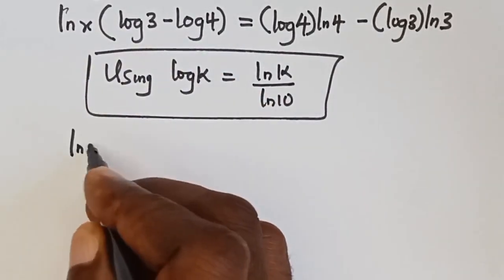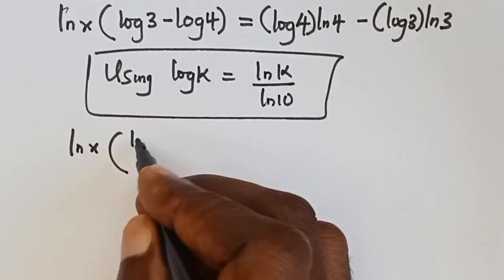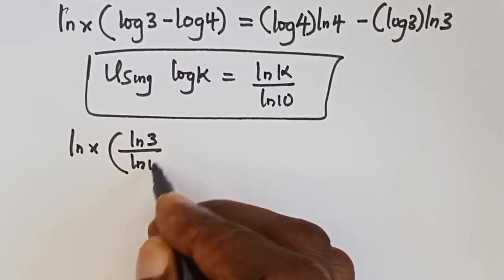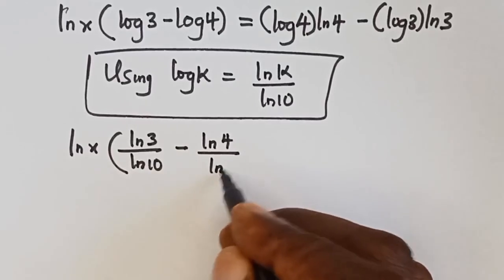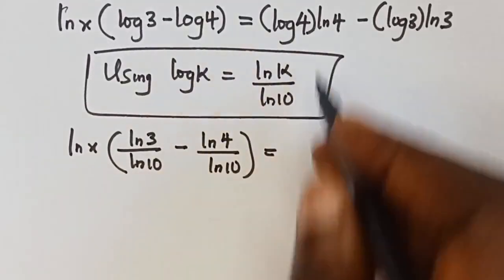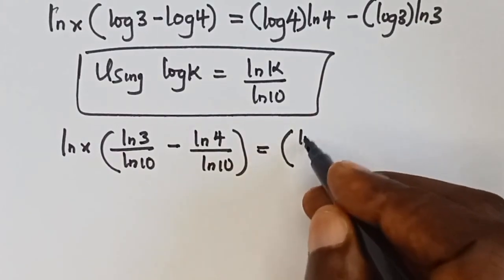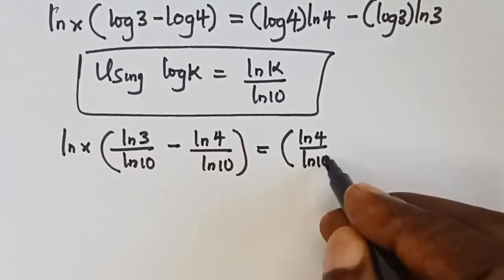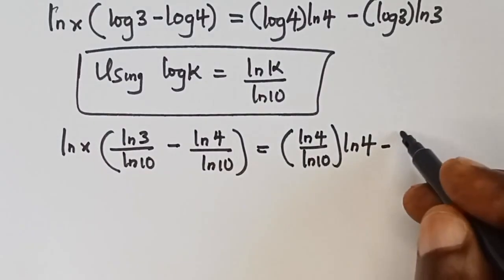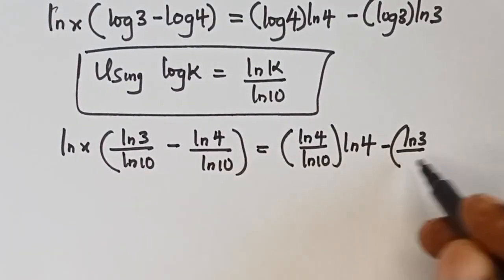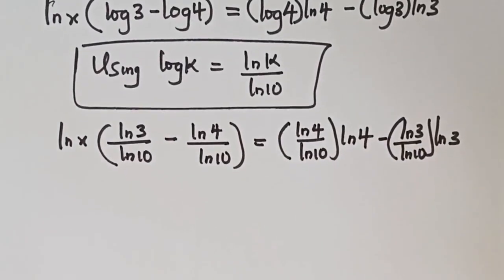So we have ln x times (ln 3 over ln 10 minus ln 4 over ln 10), and we apply that here too. Instead of writing log 4, we write ln 4 over ln 10, multiplied by ln 4, minus ln 3 over ln 10 multiplied by ln 3.